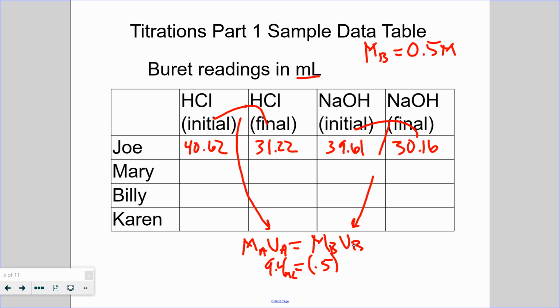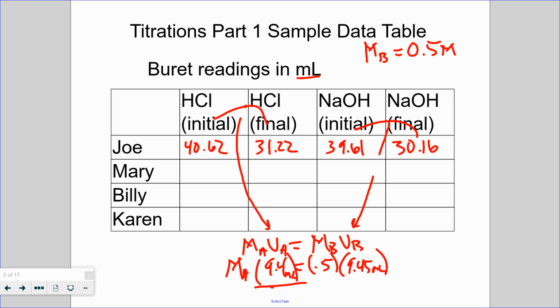So 39.61 minus 30.16 is 9.45. So the volume over here is 9.45, in milliliters. And the only thing we don't know is the molarity of the acid. Look how easy this math is.